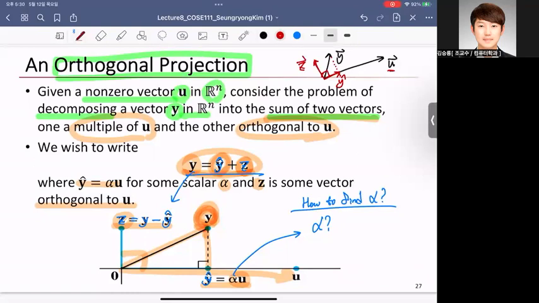There can be many kinds of decomposition methods, so this is just the introduction of the orthogonal projection. This kind of vector is called orthogonal projection.